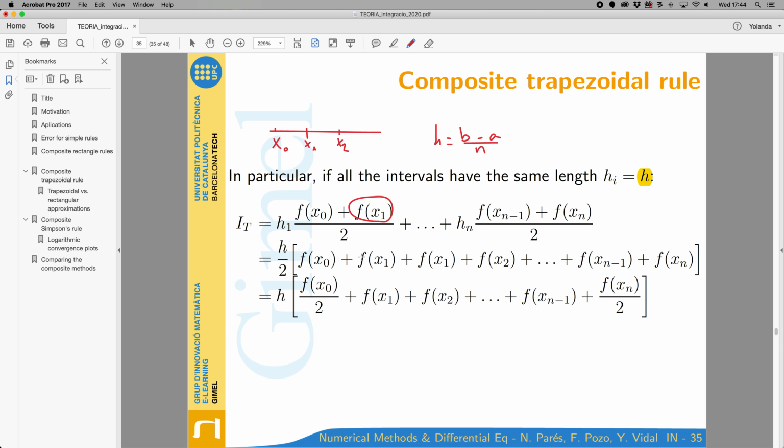So that's why f of x1 will appear 2 times. In fact, all points will appear twice, but only the first and the last one will appear once because they only live in one interval. The first interval for x0, the last interval for xn. So xn is only contributing to one element, the last one. Okay, so that's why the formula reads like this at the end.